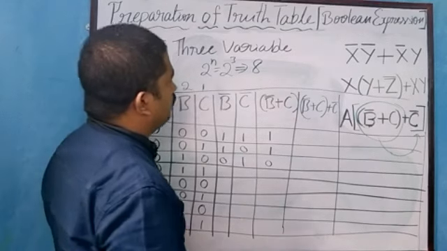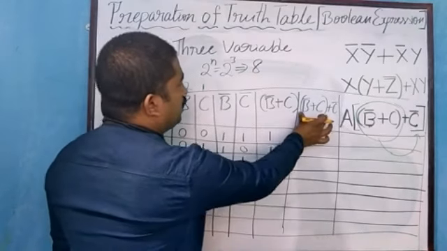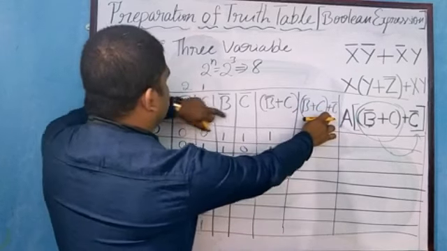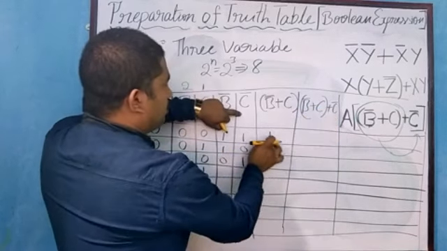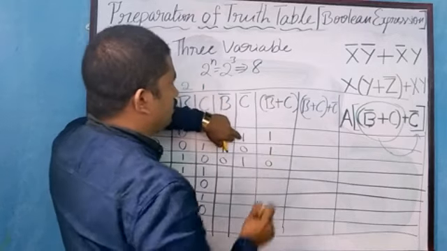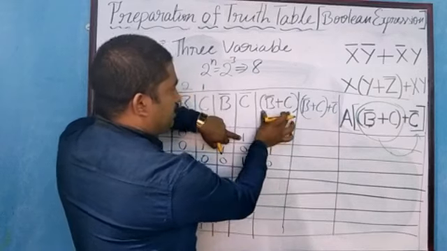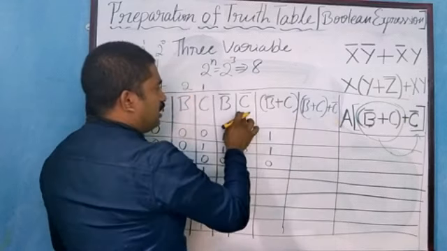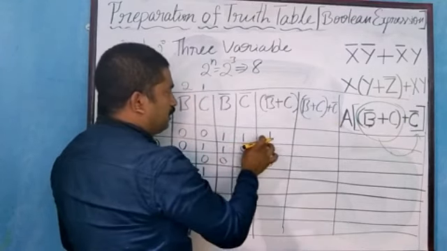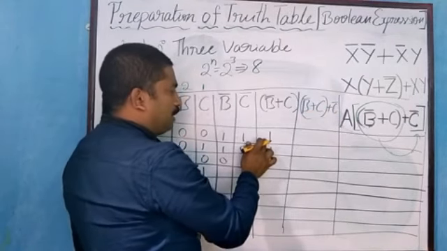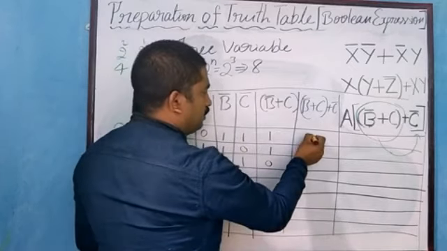Next, what do we require? B complement plus C, it is here, plus C complement, it is here. We need these two columns. So this is addition, the OR relation: 1 OR 1, true or true, 1 plus 1 is 1 only.